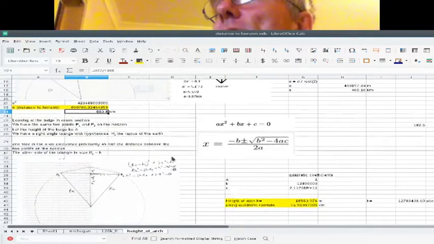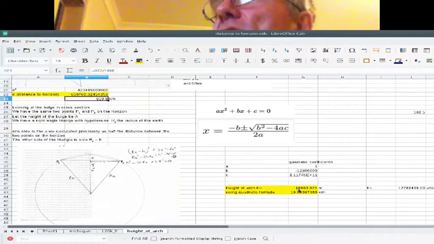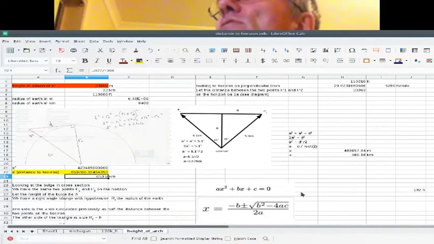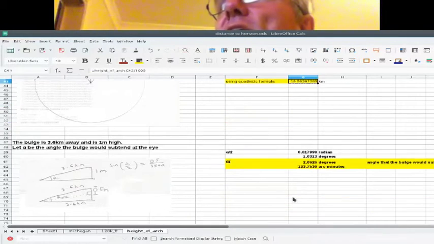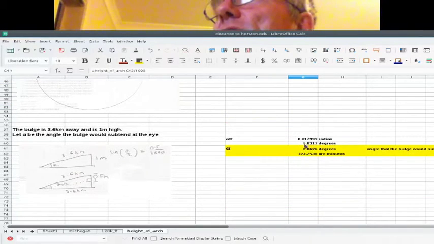And the height of the bulge, when you're observing at that height, so out in space a fair way, 20 miles I think, the height of the arch is 16 kilometers high, and the angle that subtends at the eye is a whole 2 degrees.